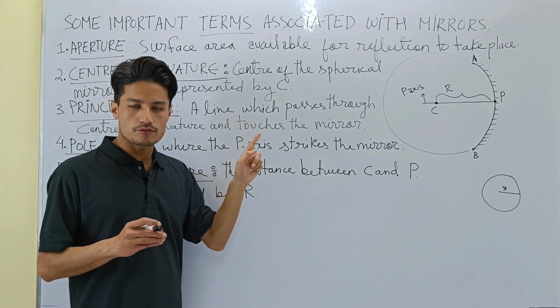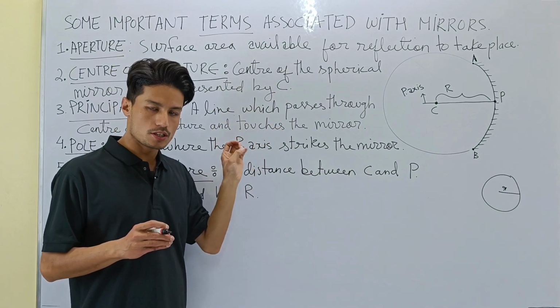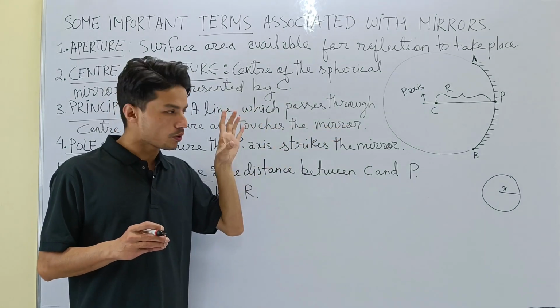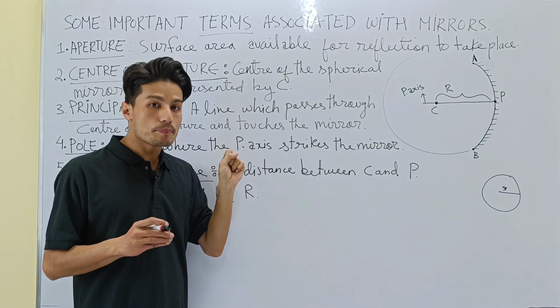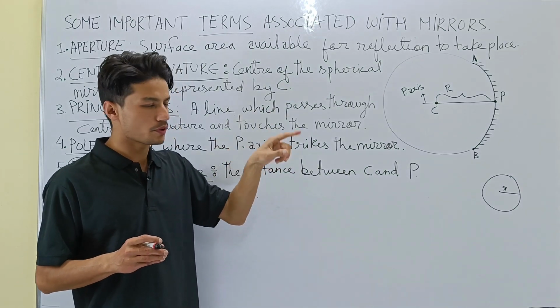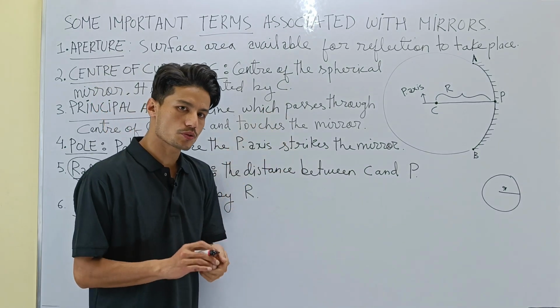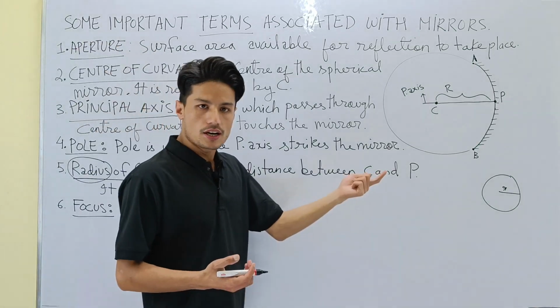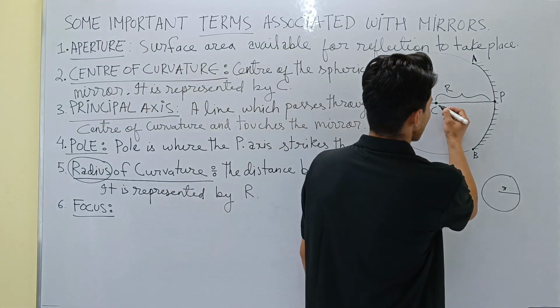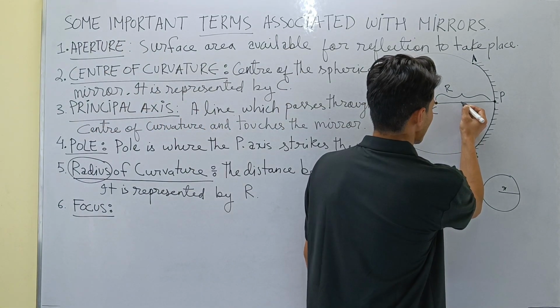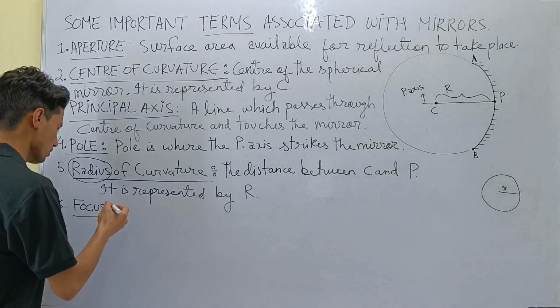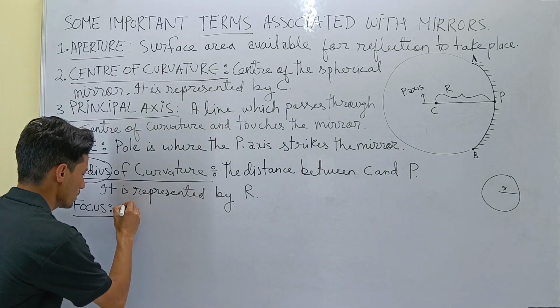Did they not converge at focus? So focus is a point where all the reflected rays meet. That is also what you have to write. I'll show you where the focus is. The focus is here. First of all, let us write the definition of focus. So focus is a point.